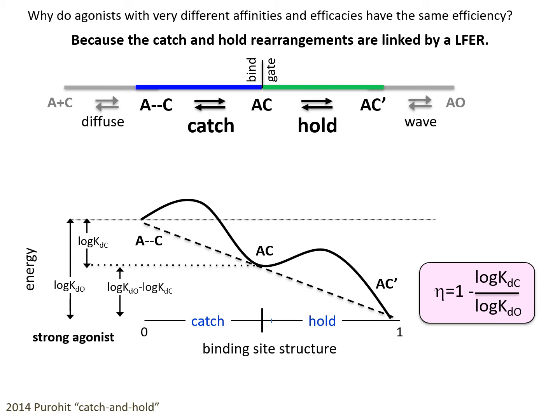So the overall energy change for catch and hold is the sum of those two, which is log KDO, and the fraction of that overall energy change that is devoted to the gating part, which is hold, is shown as 1 minus the log of the two, shown in the pink equation to the right. So this is another way to derive the equation for efficiency. The fraction of the overall binding energy that is devoted to hold, which is gating, is that equation.